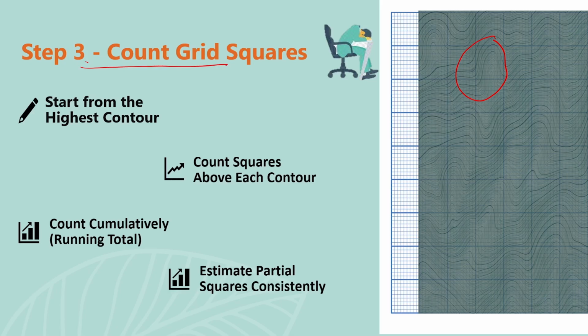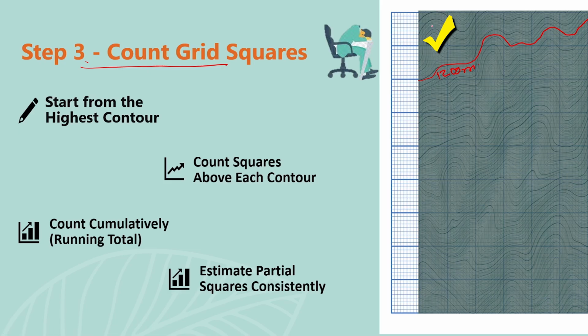What we are required to do now is, I have my contour line marked here. Let's say this is the contour I have chosen and this is my highest at 1200 meters. I am going to start counting my area from the area above this particular contour.